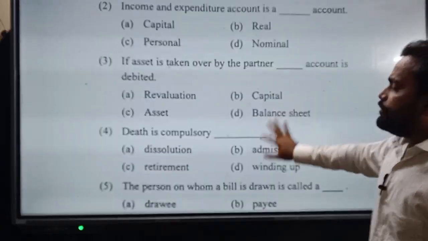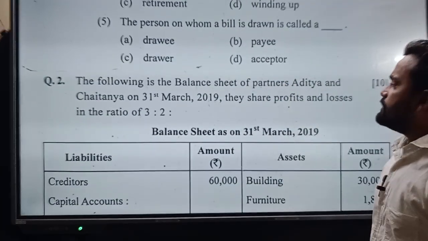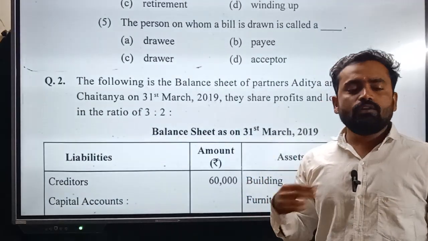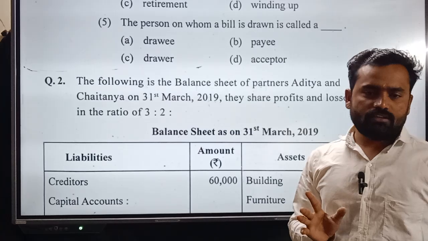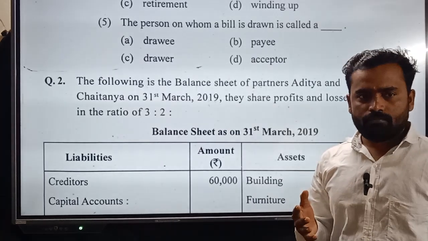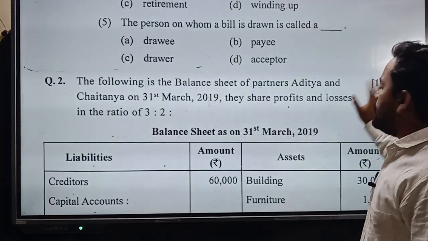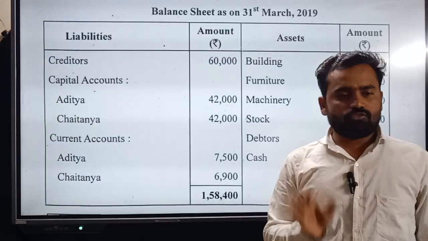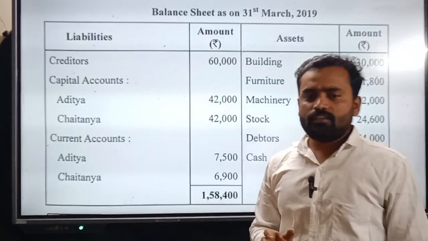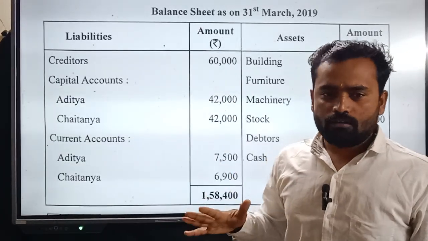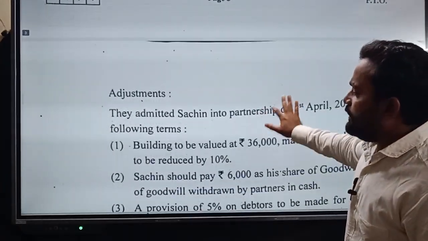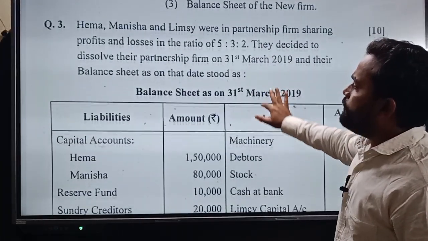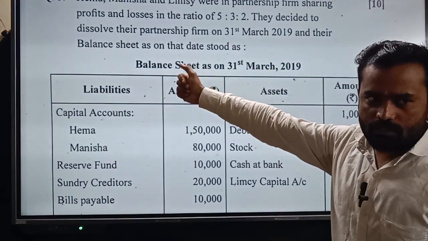Then question number 2 is admission or retirement. There are 2 questions given, but you prepare only one, admission or retirement, anyone. It is a 10 mark question, but I prepare you to solve the retirement question, because the retirement question is simple as well as admission. Then question number 3 is the dissolution question.